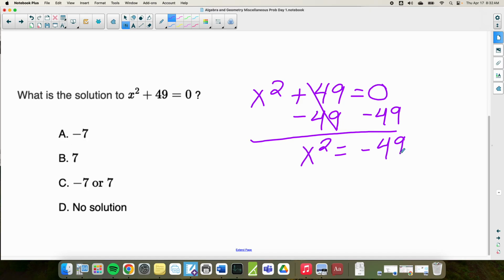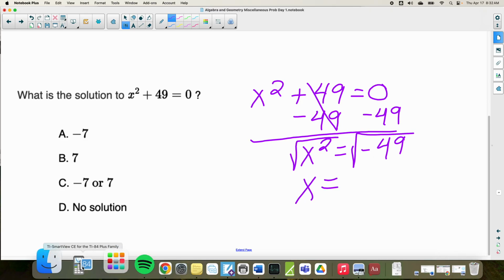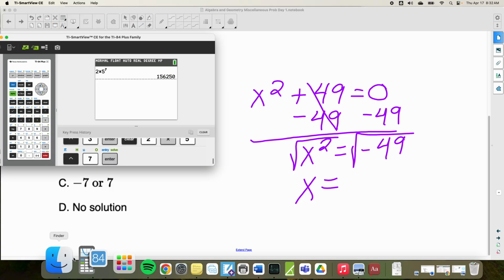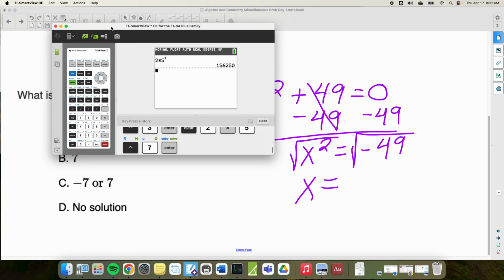And then what would I do? Square root, okay? Now, if you guys go to your calculators and try to take the square root of a negative number, it's going to give you an error. And that is because you can't take the square root of a negative number.